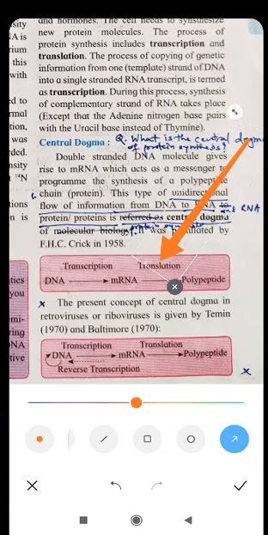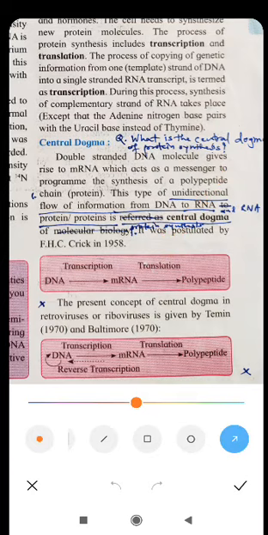So there are only two steps involved in the central dogma of protein synthesis. First step is formation of mRNA from DNA in the process called transcription, and second step is formation of protein or polypeptide from mRNA in the process called translation.